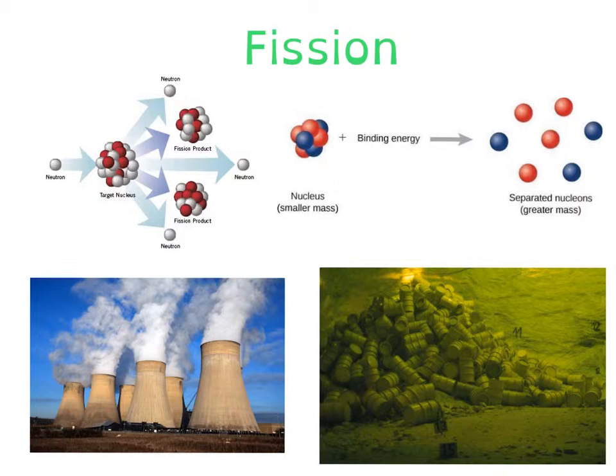There's more glue in the uranium-235 nucleus than there is glue in all of the products of the fission. So if we convert the mass of the nuclear glue into energy using E equals mc squared, then that's the amount of energy that's being released when the giant atoms split during fission.